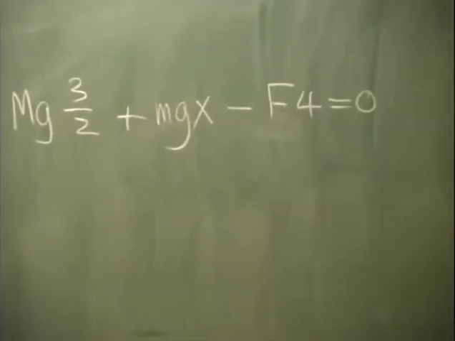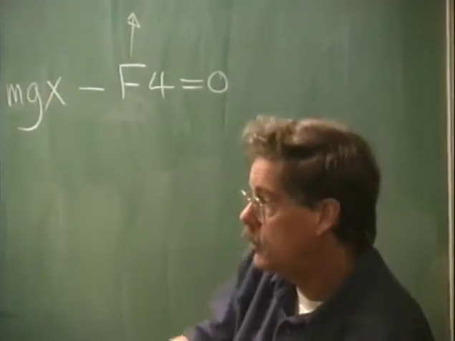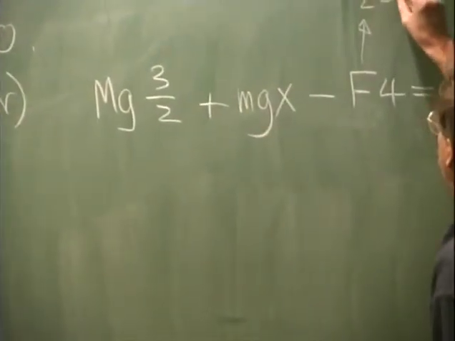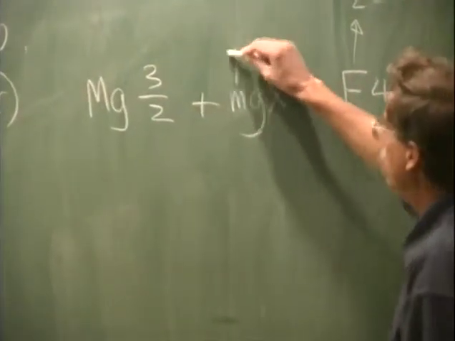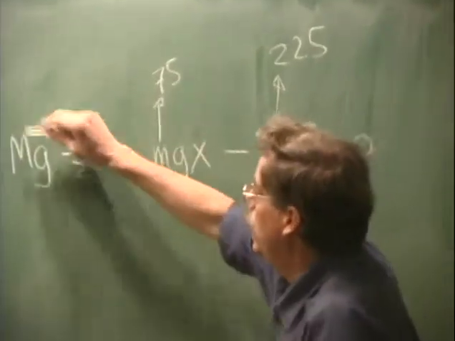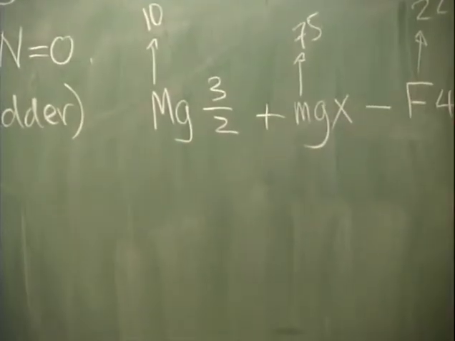Now, that window busts. That's the critical point I want. That window busts when F hits the value 225. Let's see, m, the mass of the man, was 75, and capital M, the mass of the ladder, was 10.